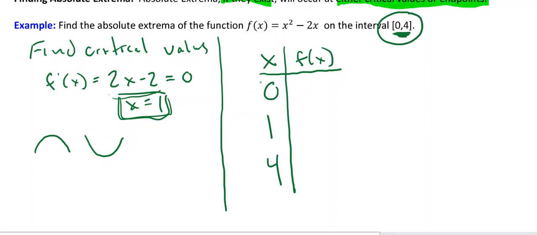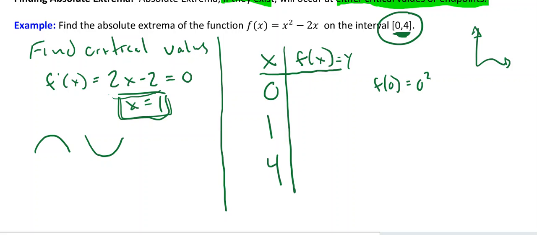When x is equal to 0, we want to find out what the function value is. Remember, the function value is equal to the y value, which tells us how high or low the graph is on the y-axis. Going back to our function, f of 0 would be 0 squared minus 2 times 0, which is 0.